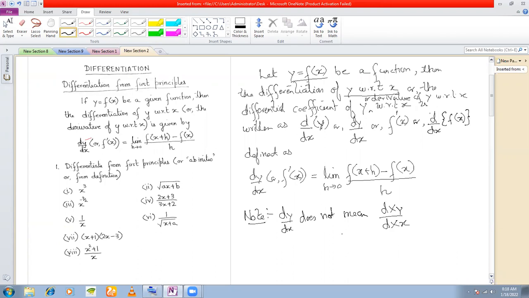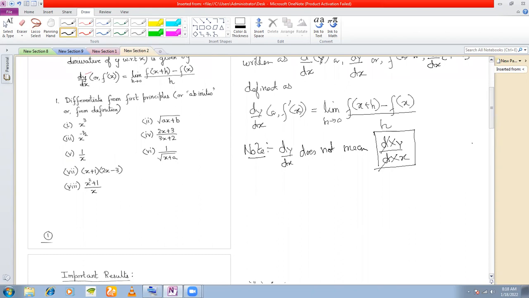Later on you'll be more confident with this, that it does not mean this. It does not mean that you can cancel d and d.